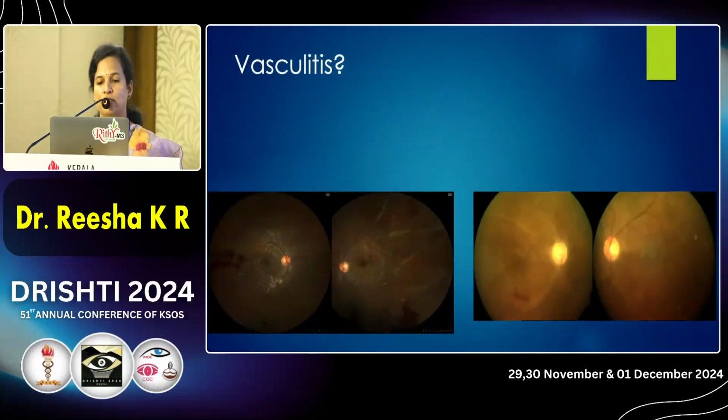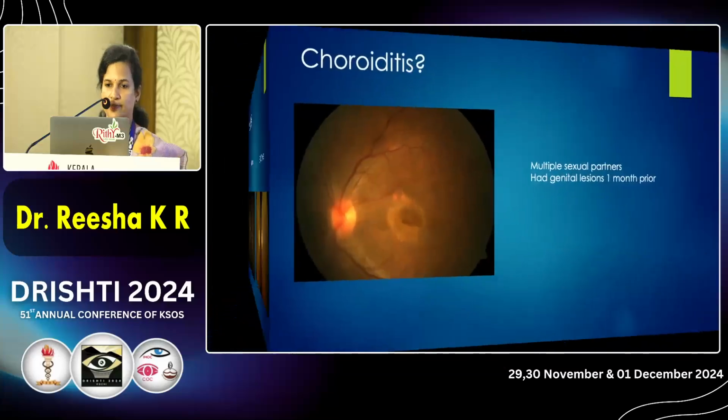See these two vasculitis, any difference between these two sets? In the first picture, more of veins are involved, periphlebitis in a young healthy male. So that was Eales disease. In the second set, associated with vitritis, vasculitis involving both arteries and veins, associated with disc edema and some retinitis patches here and there. So that was Behçet.